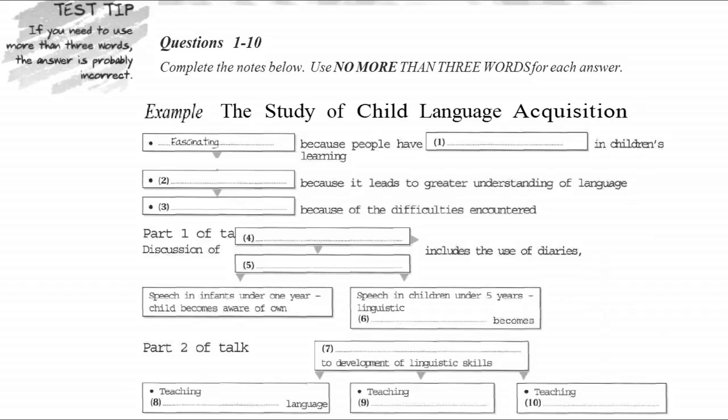First, look at questions 1 to 10. Now listen and complete the notes in the numbered spaces 1 to 10.